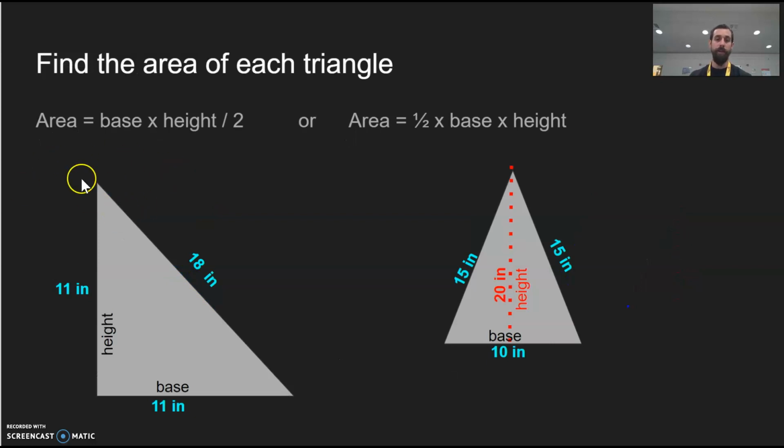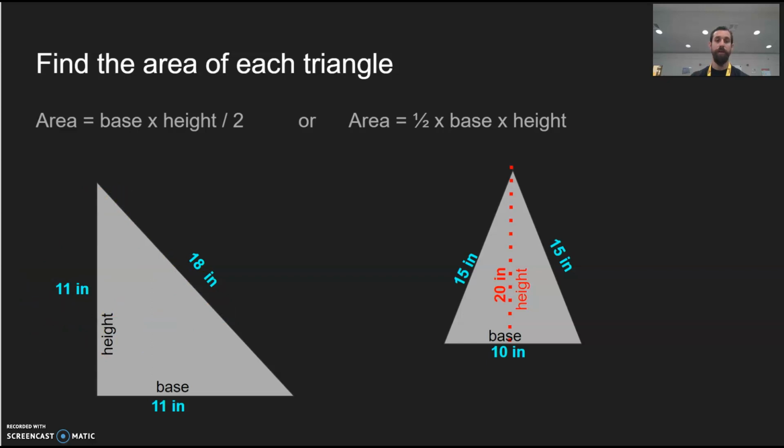If we're finding the area of this triangle here, our base is 11, our height is 11, and look at this, this is another distractor like we had yesterday. So base is 11, height is 11, and we're going to try these two formulas, base times height divided by 2, and I want you to try 1/2 base times height. So let's focus on just the first one first, okay?